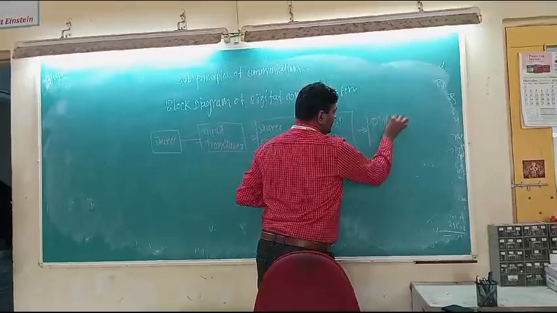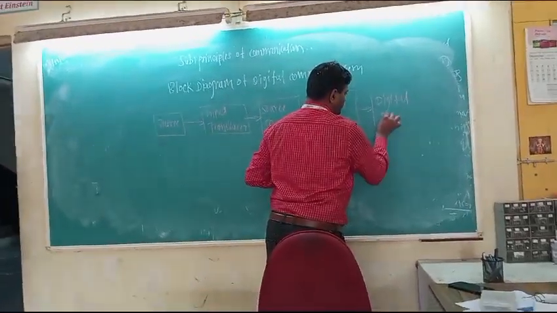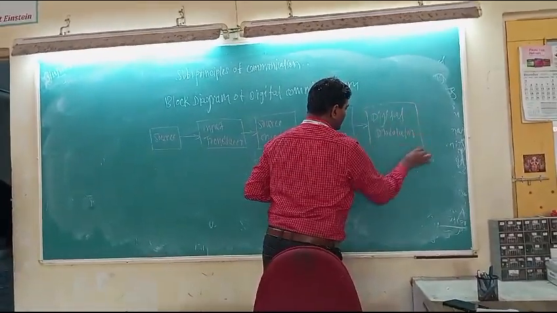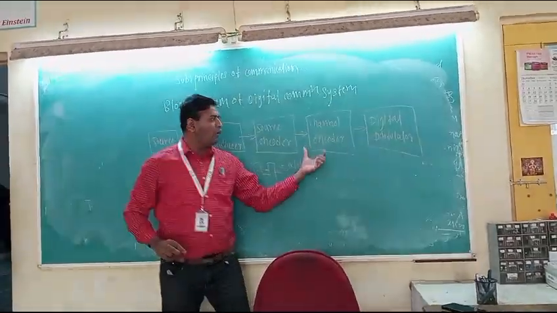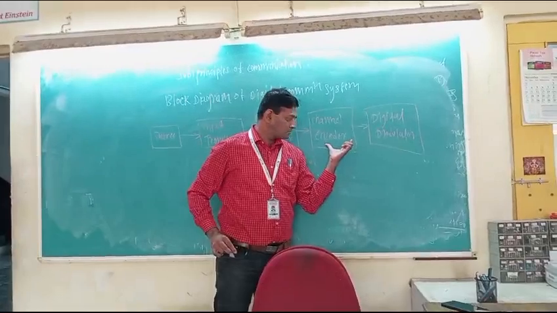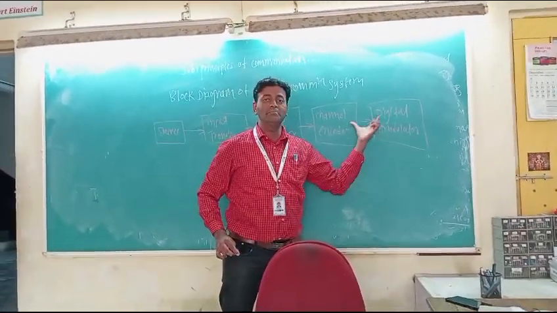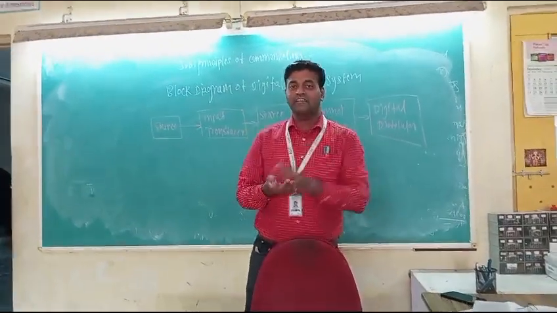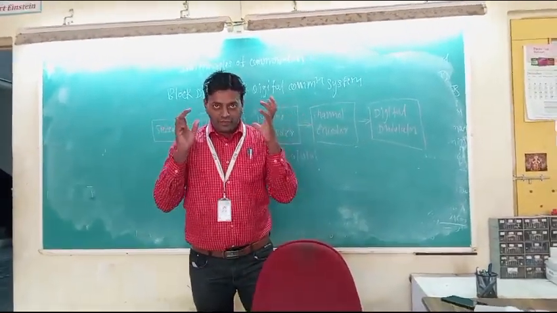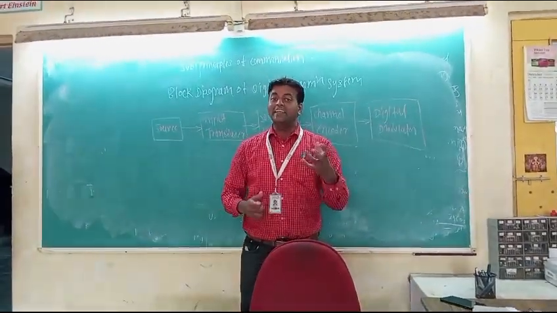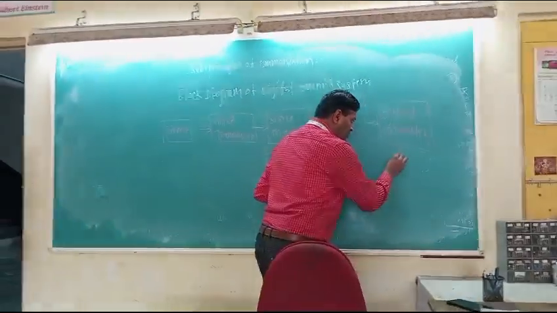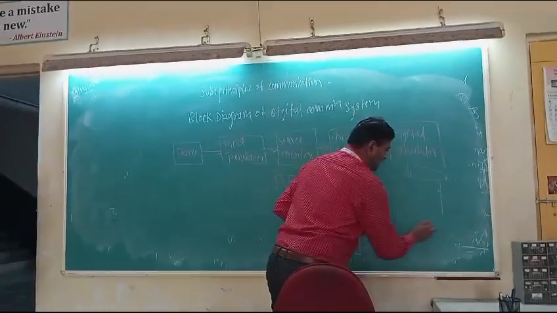The digital modulator modulates the input digital signal by using three basic techniques: ASK, PSK, and FSK. ASK stands for amplitude shift keying, FSK stands for frequency shift keying, and PSK stands for phase shift keying. After that, the data goes towards the transmission channel.